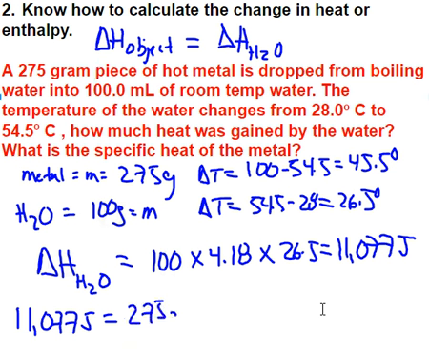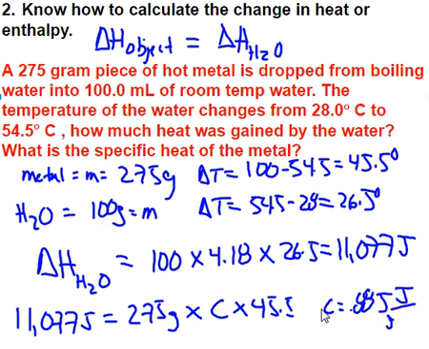I can plug in the 275 for the mass of the metal, and I can plug in 45.5 for the temperature change of the metal, and then I can solve for C. So if I do that, I divide by the 275, divide by the 45.5. My C value is 0.885, and that's joules per gram per Celsius degree.